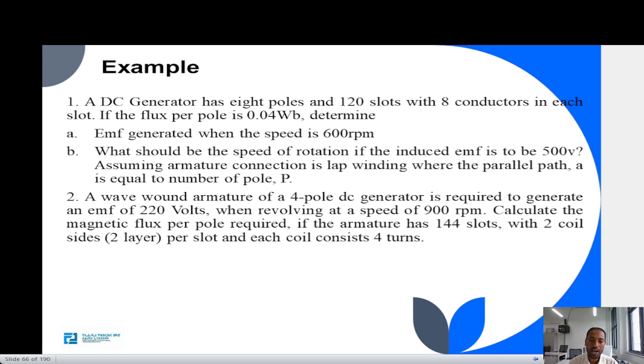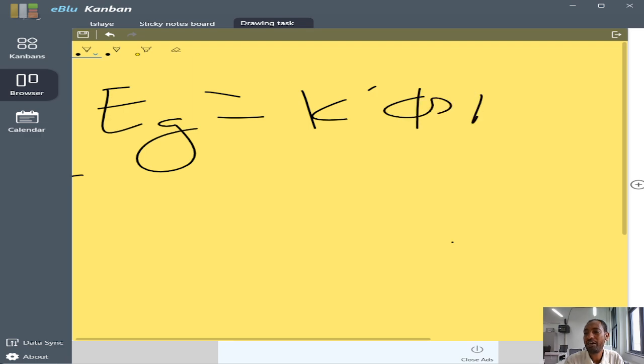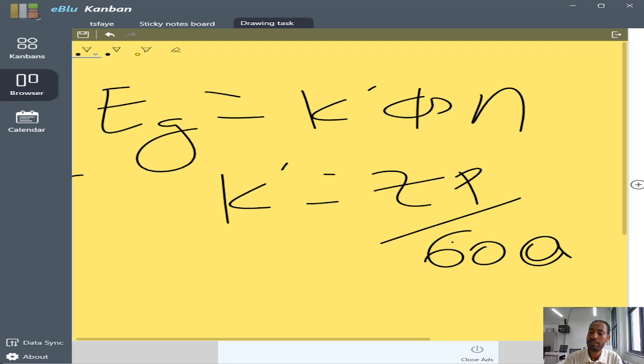And we have also seen how to find the magnitude of the induced voltage inside the generator. We said the internally generated voltage EG is going to be K phi N, and K prime is ZP by 60A, where A is the number of paths in the conductor, Z is the number of conductors in our armature, and P is the number of poles in our machine.